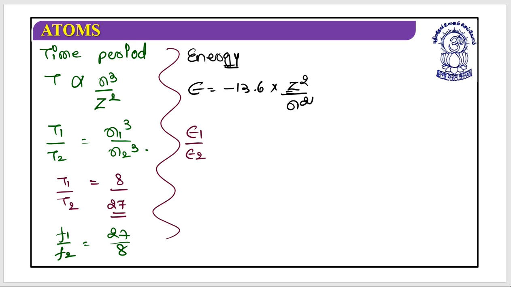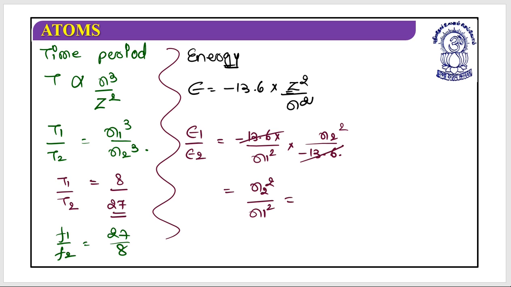So E1 is to E2 equals minus 13.6 multiplied by n2 square over n1 square multiplied by minus 13.6. The 13.6 cancels out, so it is n2 square divided by n1 square. N2 is 3, so this is 9 is to 4. This is the ratio of E1 is to E2. I hope this is clear. Is it clear? Are you sure?